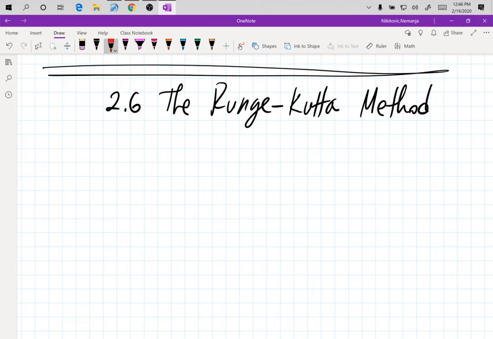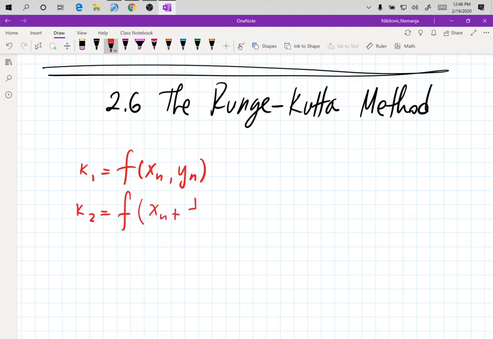So K1 is f of xn, yn, same as improved Euler. K2 is going to be f of xn plus 1/2 h, comma, yn plus 1/2 h K1.